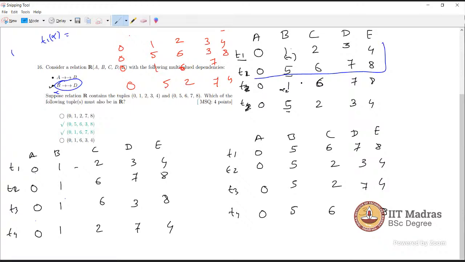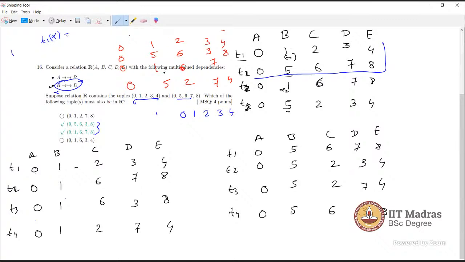So you're talking about considering these two tuples and then these two, right? Yes, sir, considering that only. So for B to multi-determine C, I need to have all the four tuples, T1 to T4, with B the same, no?